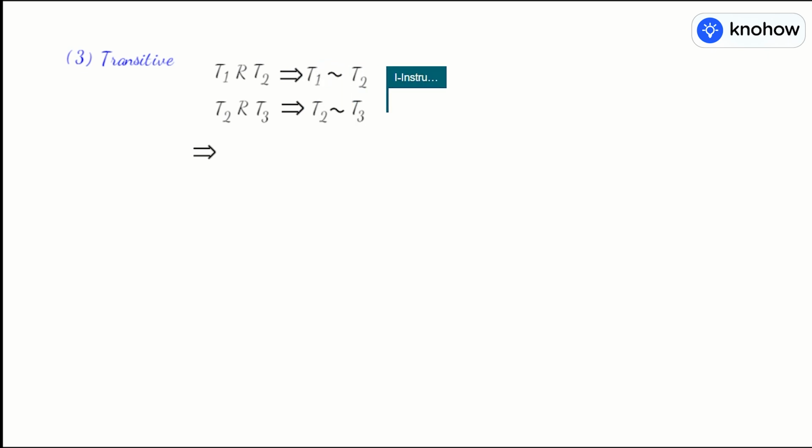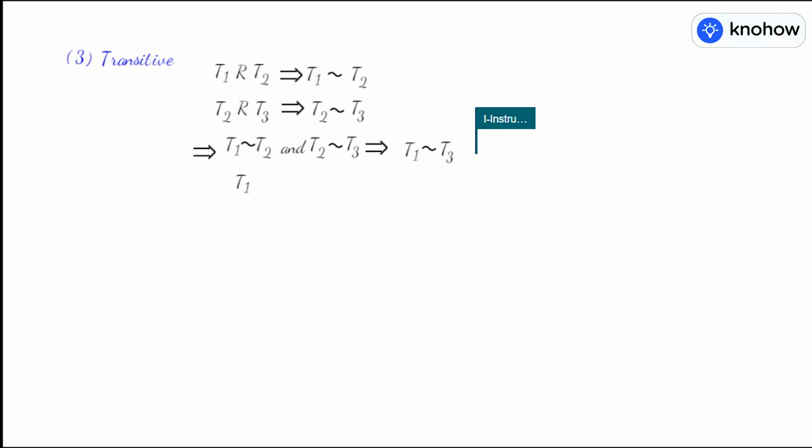So now T1 is similar to T2 and T2 similar to T3 will definitely imply T1 is similar to T3, or T1 is related to T3, whenever T1 related to T2 and T2 related to T3. So clearly we can conclude that the given relation R is an equivalence relation. So that is the first part.